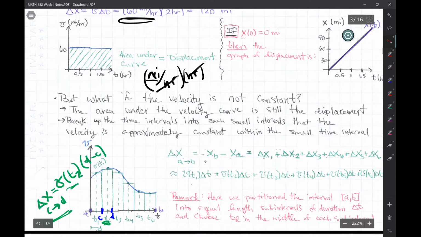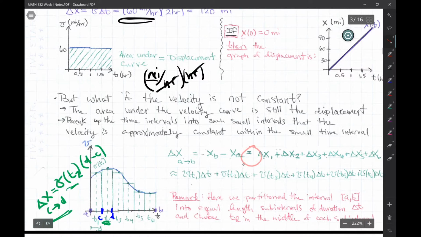And so here we have that the total displacement, the change in position from time equals a to time equals b, is going to be the sum of the small displacements over each of these intervals. We broke this up into 6 different intervals. That way the velocity is approximately constant within each of these. And this is an equal sign.